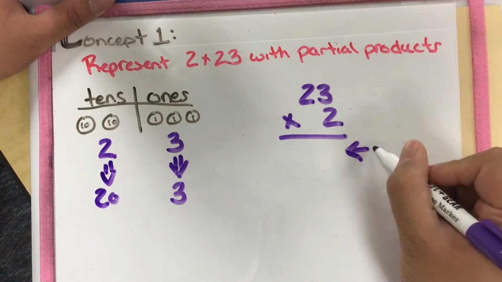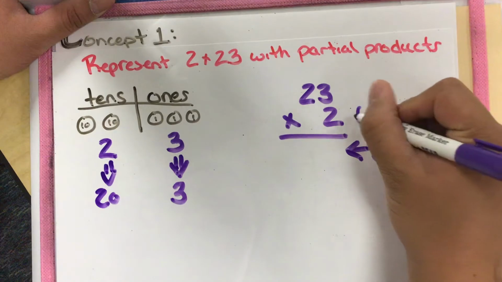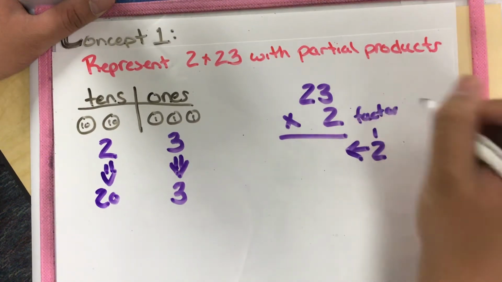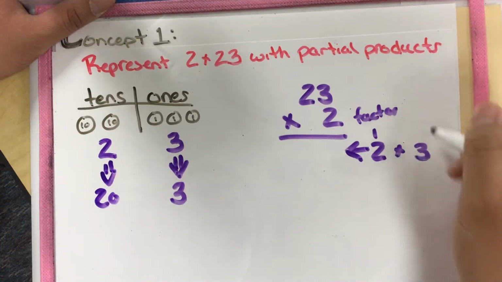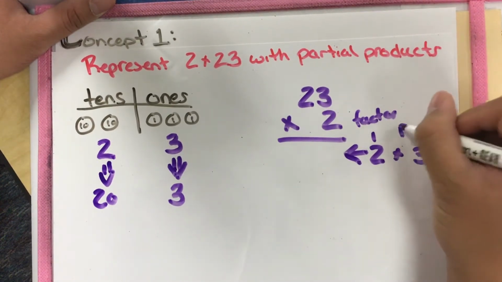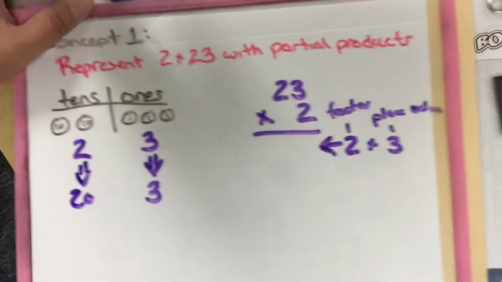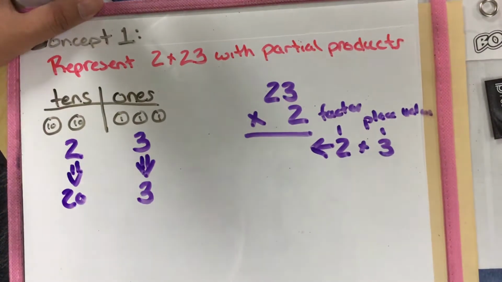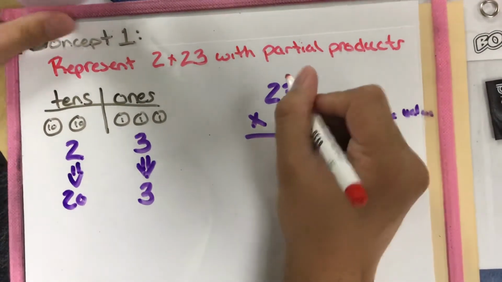Here, we're going to have our 2, so this is our factor, and we're multiplying it by our 3 ones here. This is based on the place value. Sorry if you can't read that. That's place value.